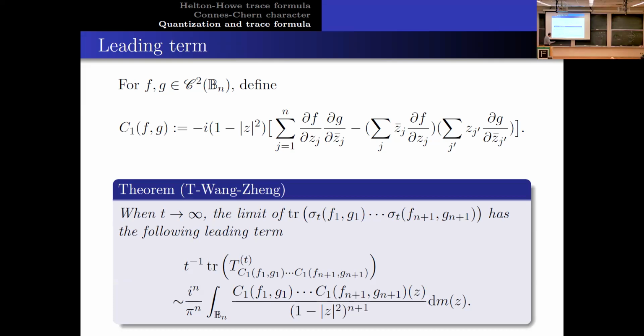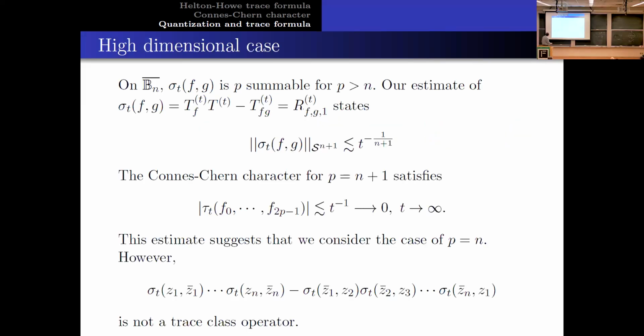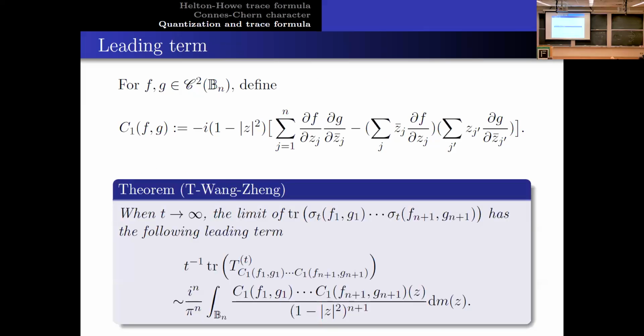Just now we saw that the decay of the trace is about 1 over t. So we're computing the coefficient of this first leading term. You can see that this coefficient is basically, again, the Poisson bracket. For F, this part only depends on the holomorphic differentiation. For G, it only depends on the anti-holomorphic differentiation.